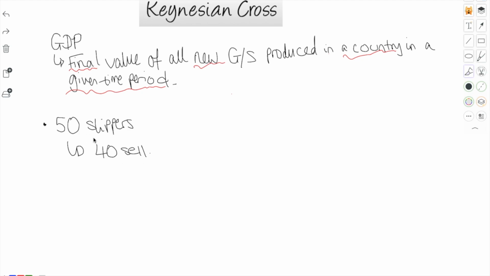So you're probably thinking, well, what's happened to those other 10? Those 10 go towards what's known as inventories. And in GDP terms, this just classes as investment, or unplanned inventory change, okay?